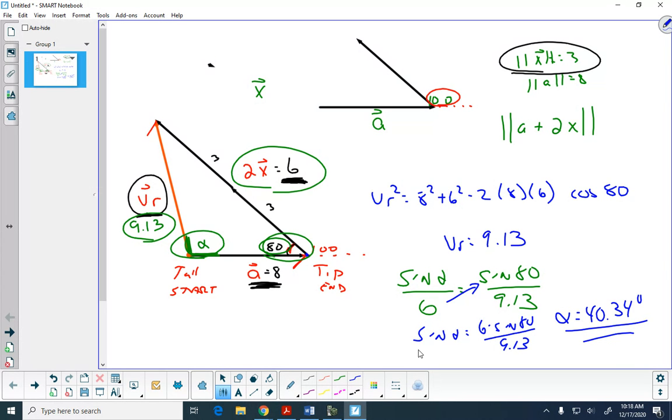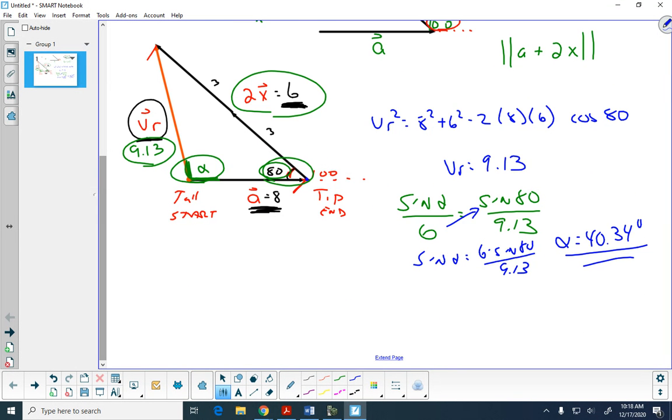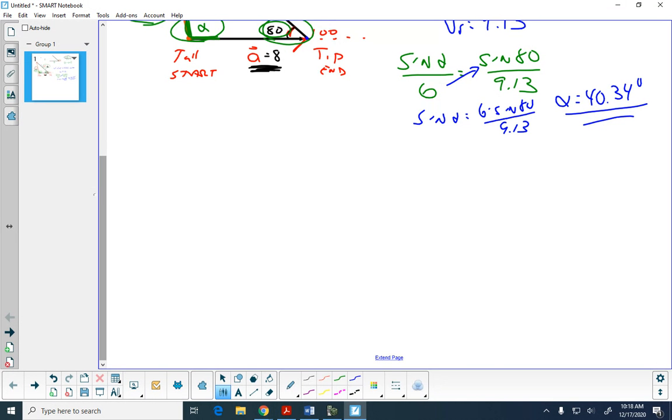In the bottom right one, we'll set it up. I'm not going to solve the bottom right one. We'll just set up when we have A minus X. We have A, and we have X. We have 40 degrees here.